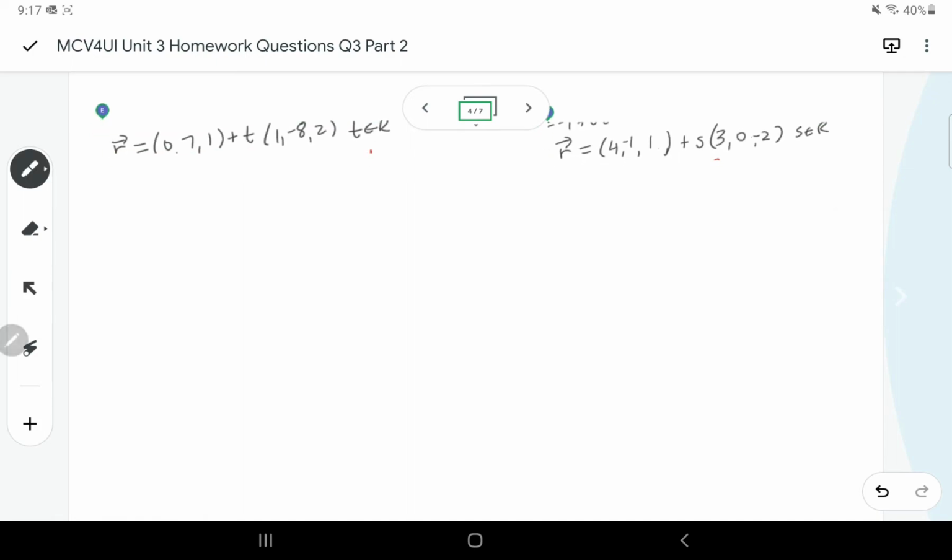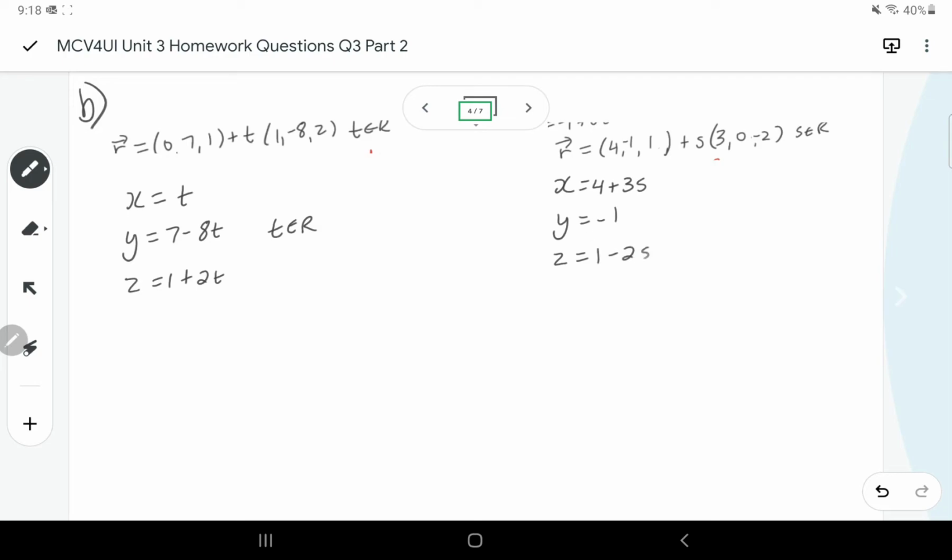So this is part B. So here I get x equals t, y equals 7 minus 8t, and z equals 1 plus 2t, where t is a real number. And over here, I get x equals 4 plus 3s, y equals -1, and z equals 1 minus 2s.